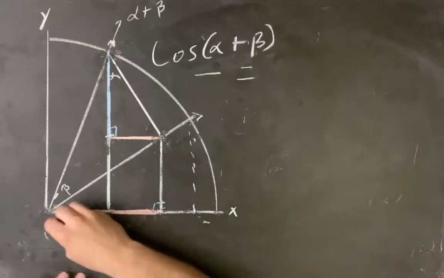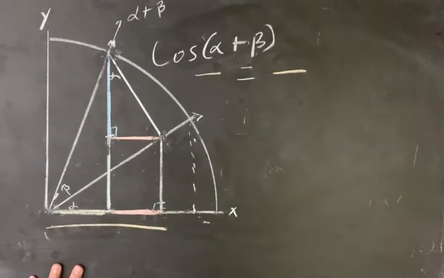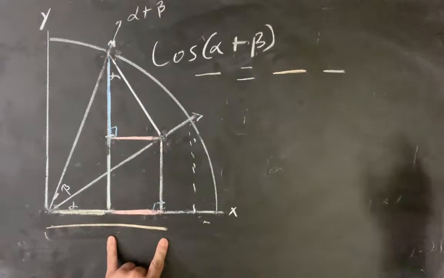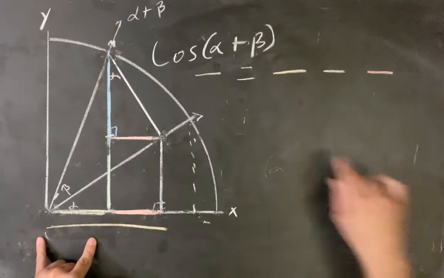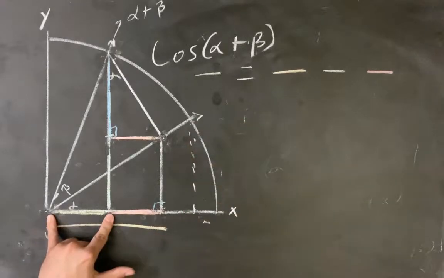So I'm going to denote this total length here in orange, and we're going to subtract that by this red length here. And that's going to find just what we want, which is this yellow length here.